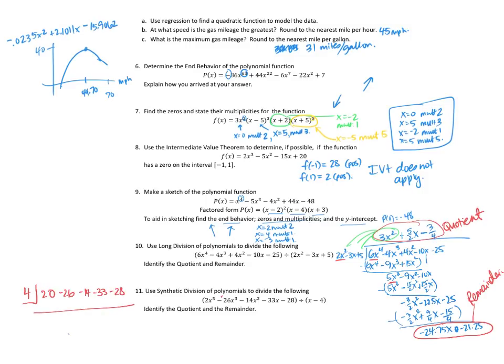Okay, so I drop the 2 down, and 4 times 2 is 8, and then I add those, I get 8. 4 times 8 is 32. 32 minus 26 gives me 6. 4 times 6 is 24. Minus 14 is 10. And then 4 times 10 is 40. Gives me 7. And then 4 times 7 is 28. And when I add that, I get 0.